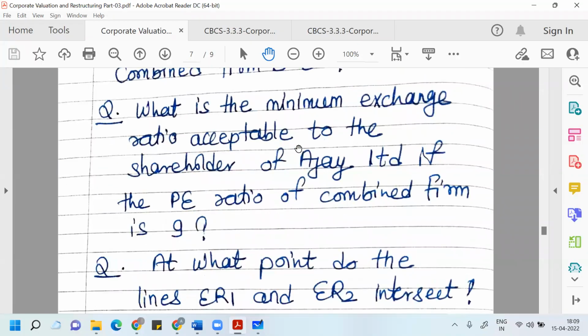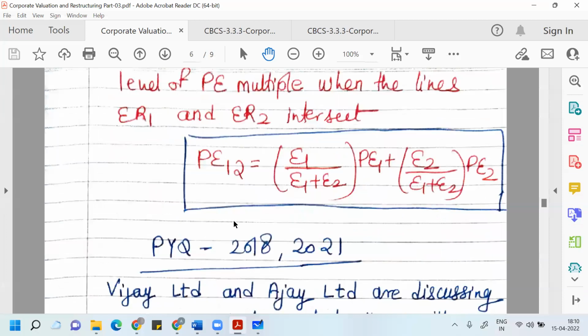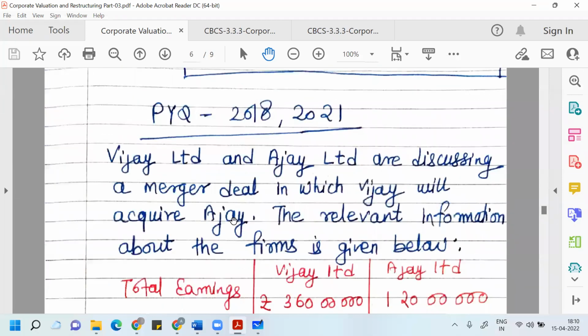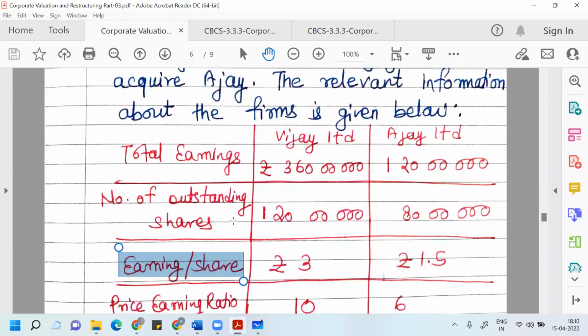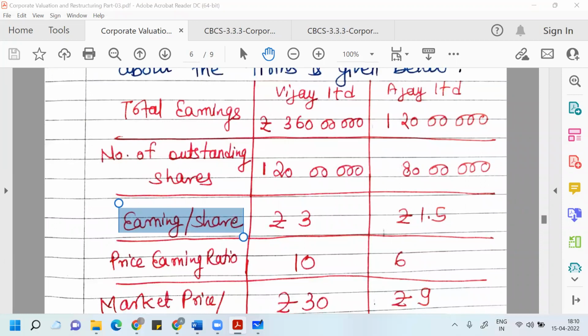The question asks for the minimum exchange ratio available to the shareholders of Ajay Limited if the PE ratio of the combined firm is 9, into the total earnings of 480 lakh, minus P2, which is 9, into S2, which is 80 lakh.